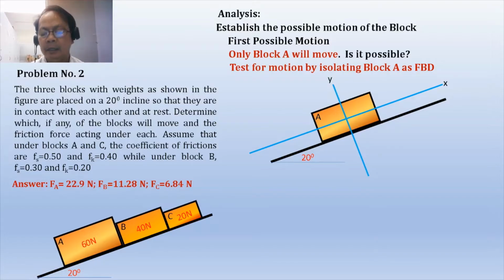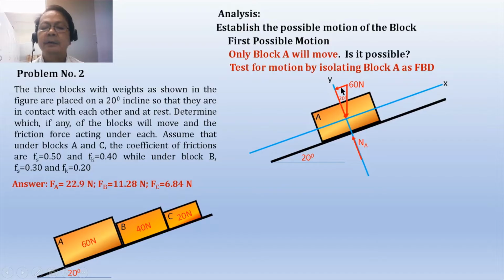And if we show the weight, this weight will make an angle of 20 degrees from the y-axis because the plane makes an angle of 20 degrees and y is perpendicular to the plane. Diba? And this weight would have a component parallel to the y-axis. And also, meron din siyang component dito na parallel to the plane.